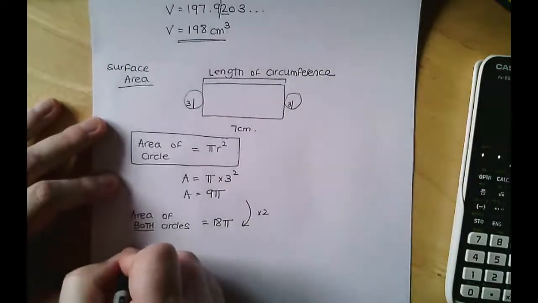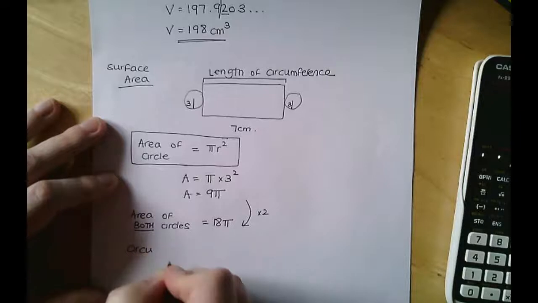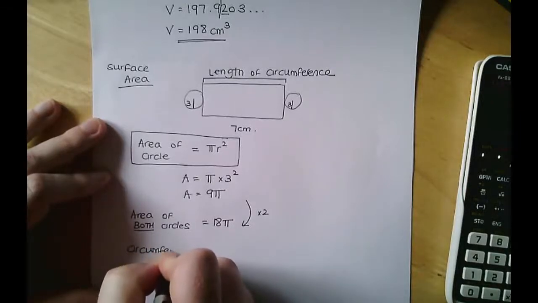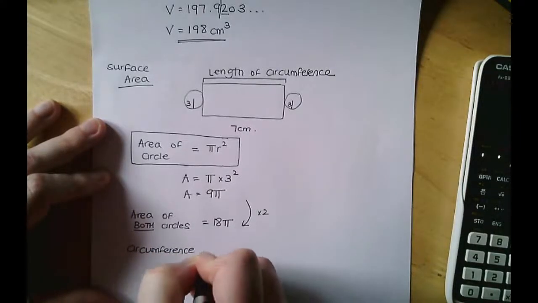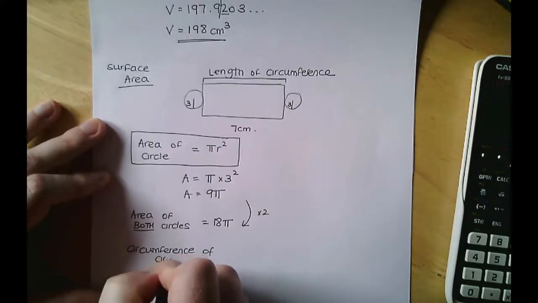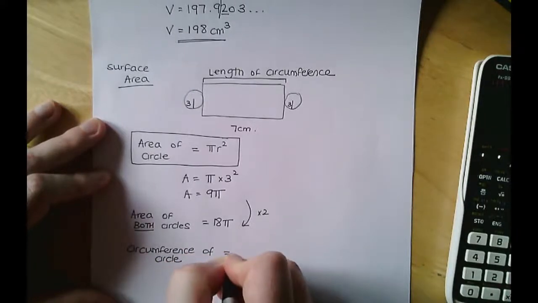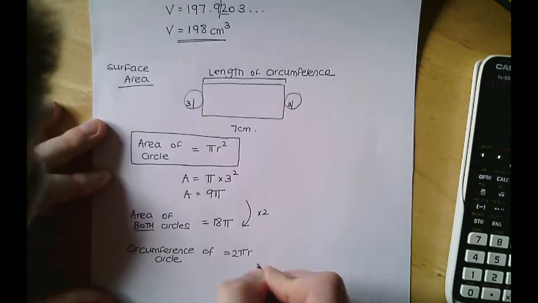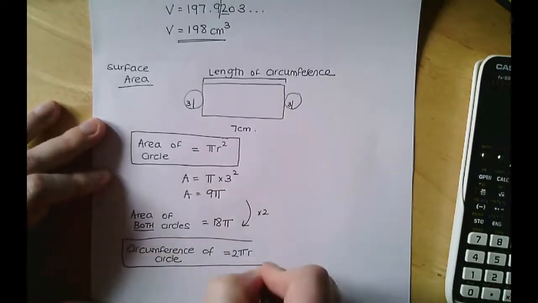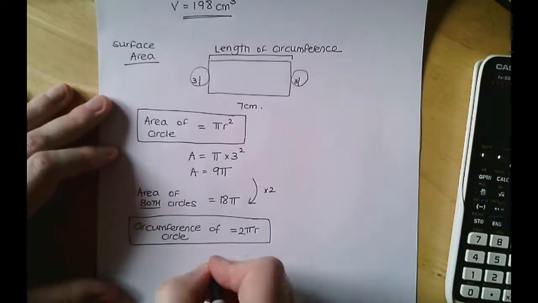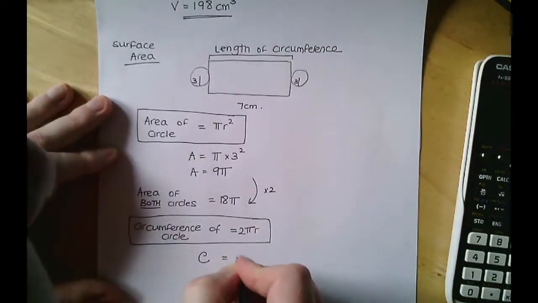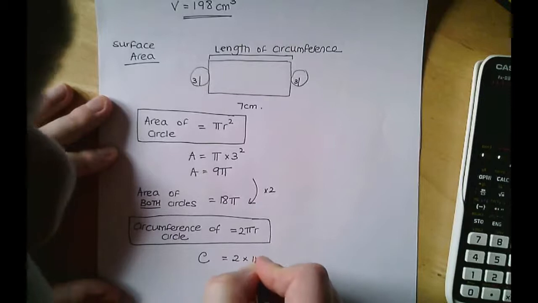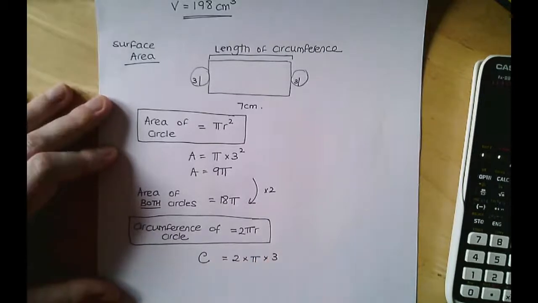So the circumference of the circle is 2 pi r. So therefore the circumference is 2 lots of pi lots of 3.